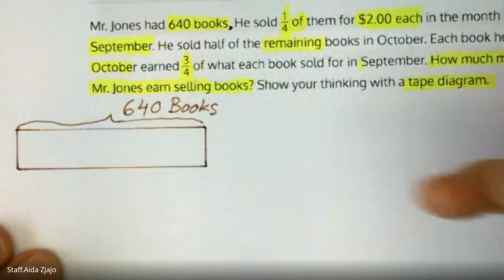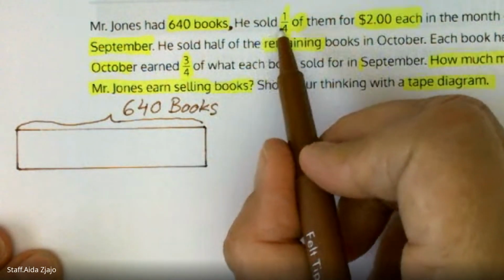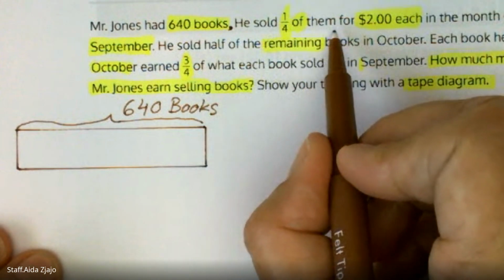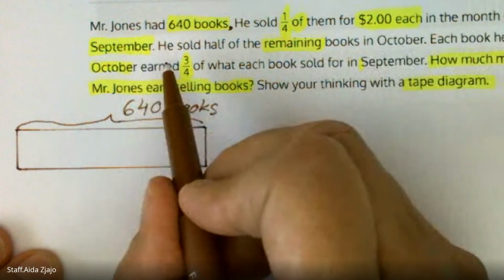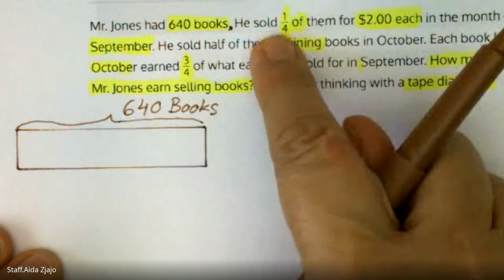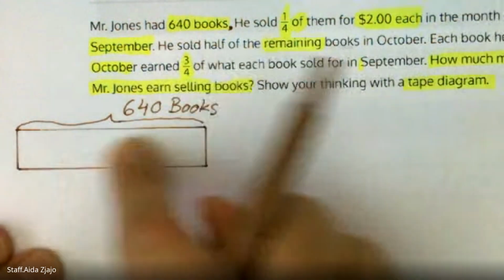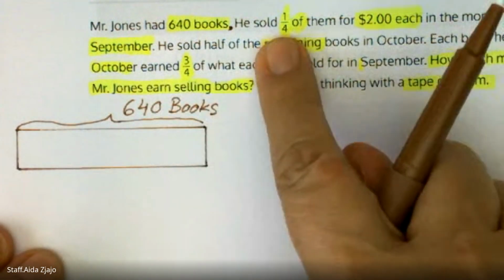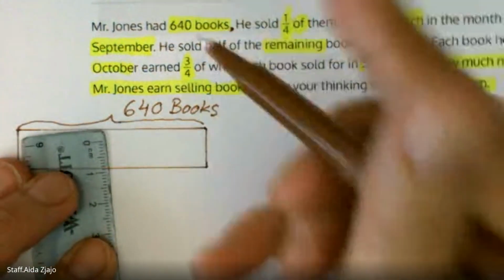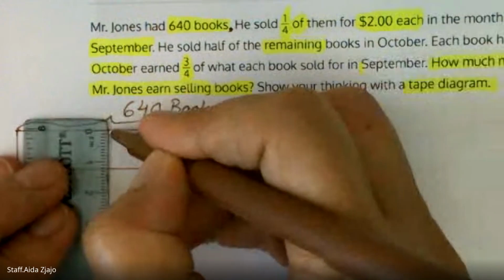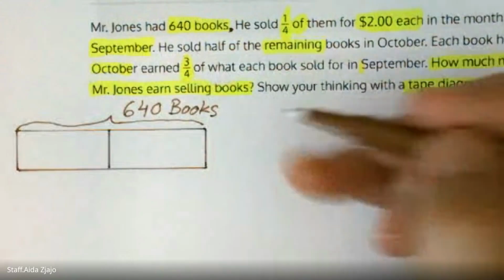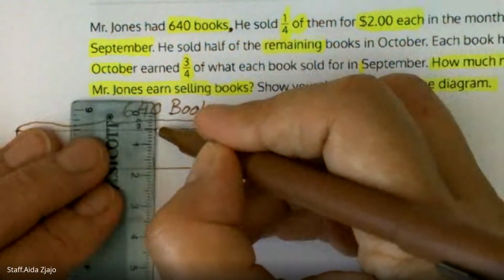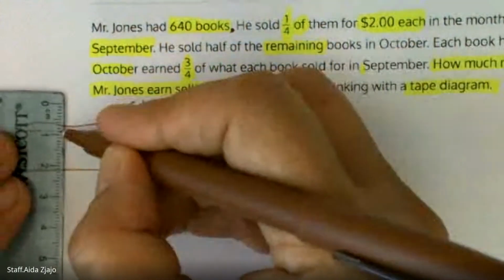Next, he sold 1/4 of them for $2 each in the month of September. So he sold 1/4 of this. The fraction has to be a fourth, so I'm going to cut this in half, and again, half into the half.